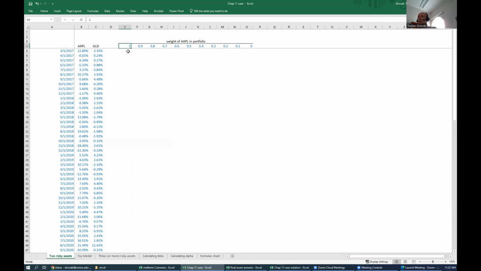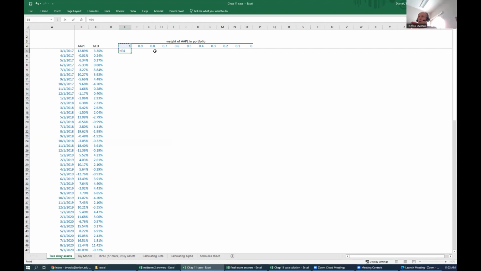So let's calculate the rate of return on mixing these two investments. Let's type this in as a formula. I'm going to start with the weight of Apple, which in this case is E4. We want to copy that first across different columns, and then also down across different months.